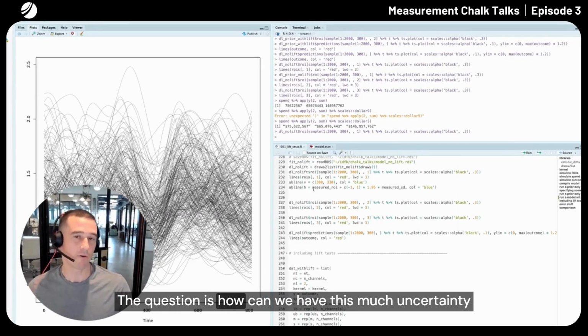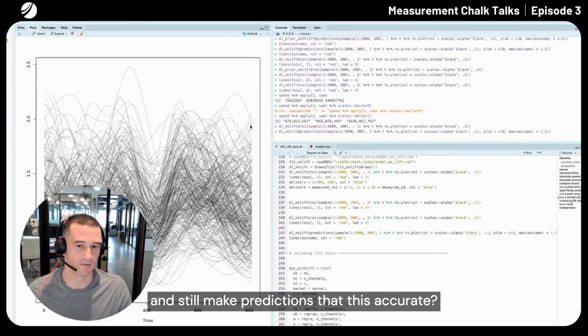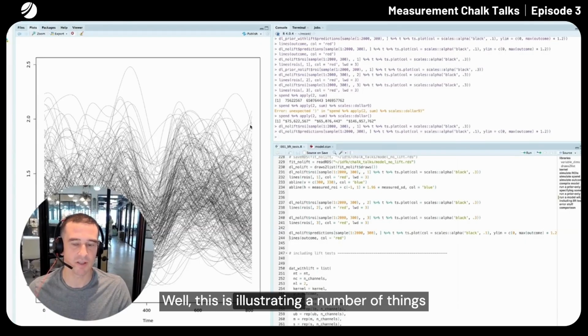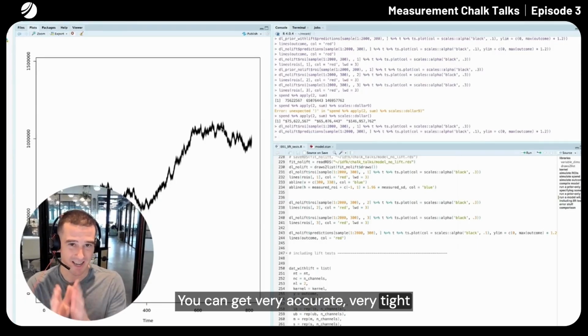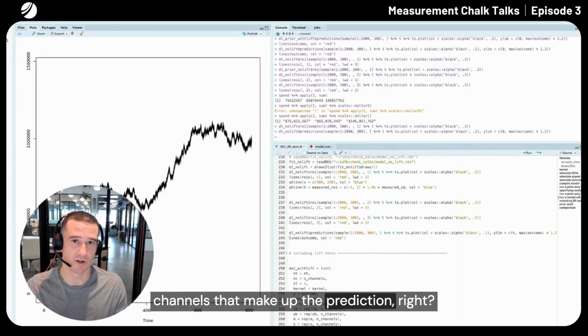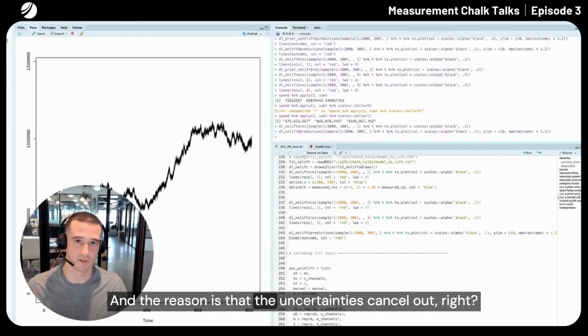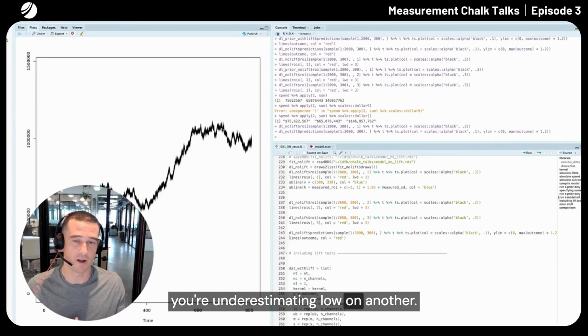The question is, how can we have this much uncertainty and still make predictions that are this accurate? Well, this is illustrating a number of things that are sort of bedeviling about MMMs. You can get very accurate or very tight predictions, even with uncertainty in the channels that make up the prediction, right? And the reason is that the uncertainties cancel out, right? If you're overestimating high on one channel, you're underestimating low on another.